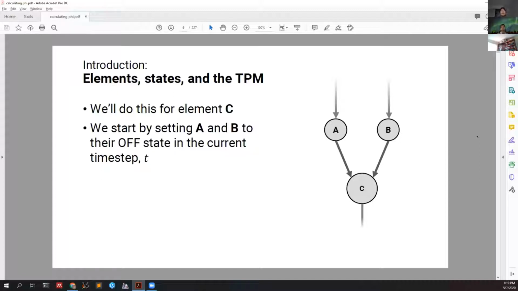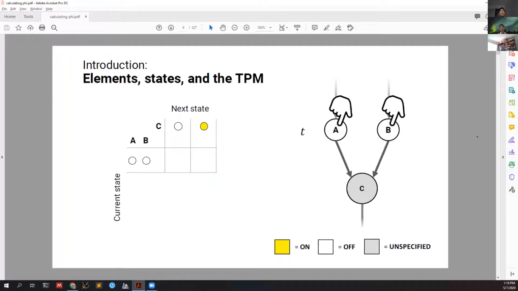So first, let's input off states from both A and B at time step t, and then record the results. So on the left side, what we will see is the probability distribution.